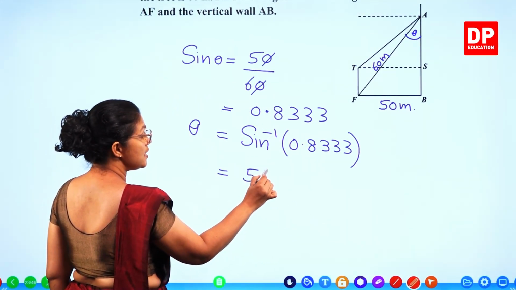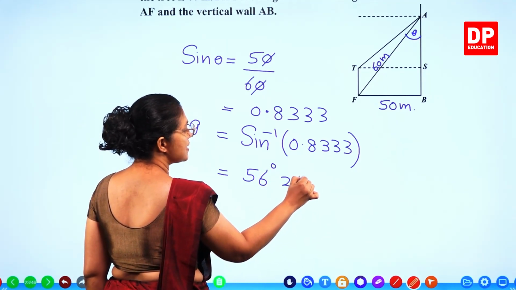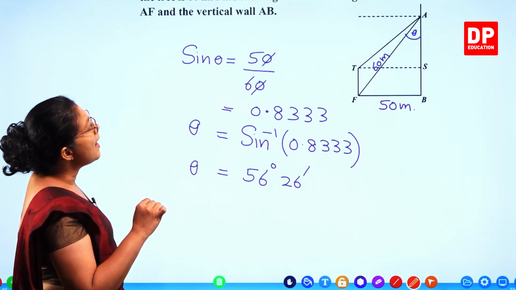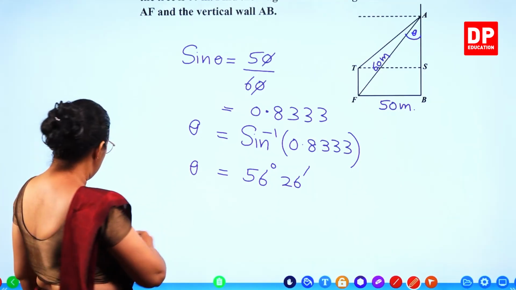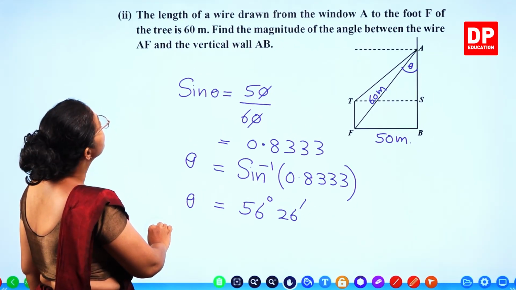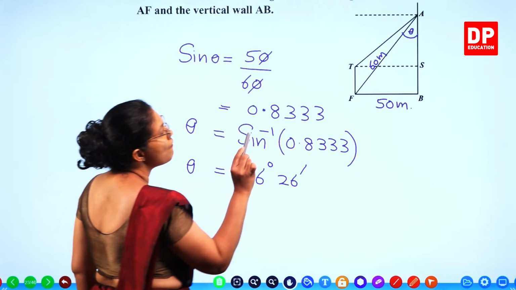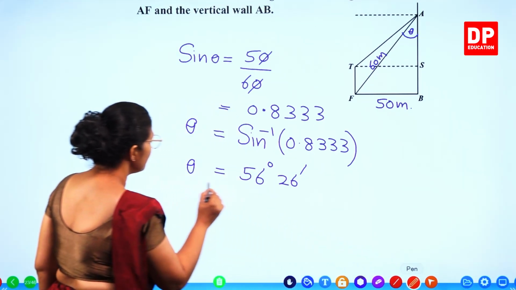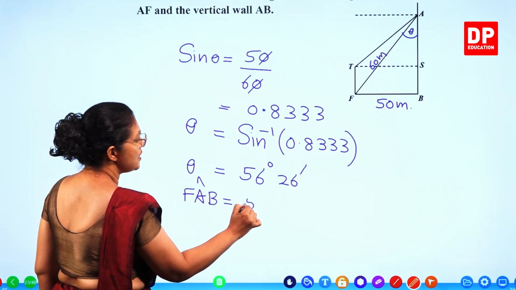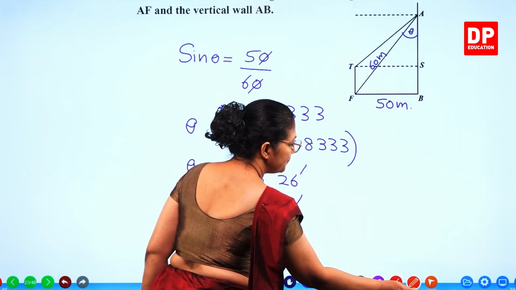So 56 degrees and 26 minutes is the angle required. We can mark it as FAB. FAB angle is 56 degrees and 26 minutes.